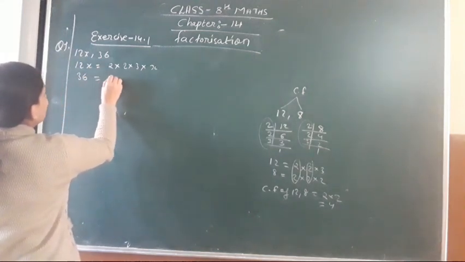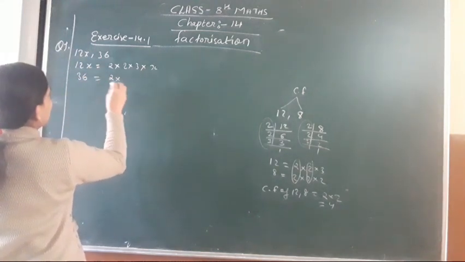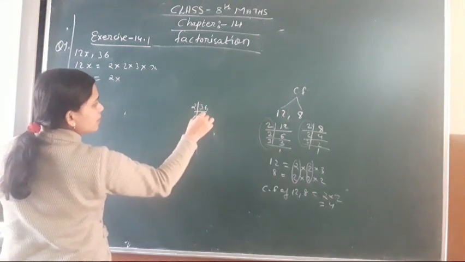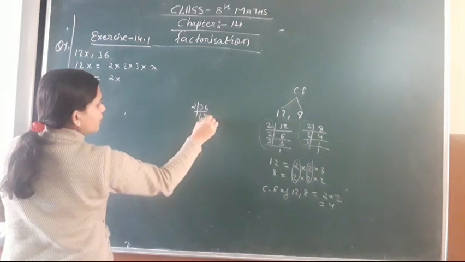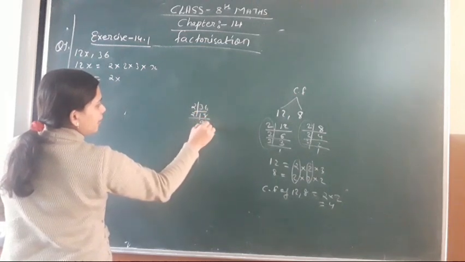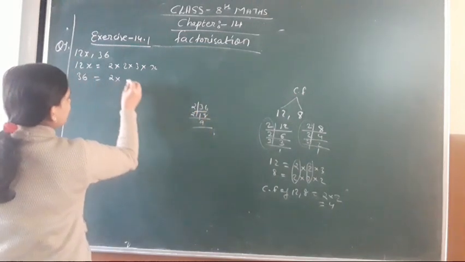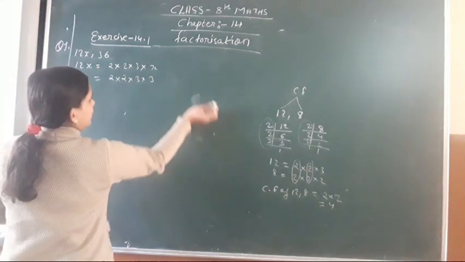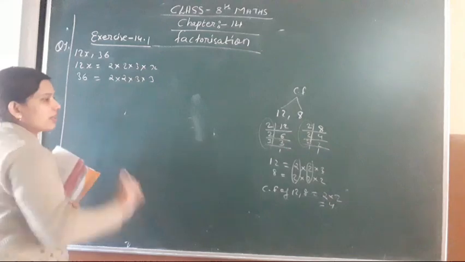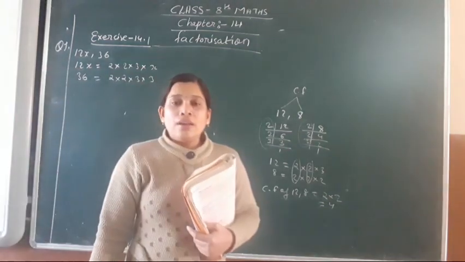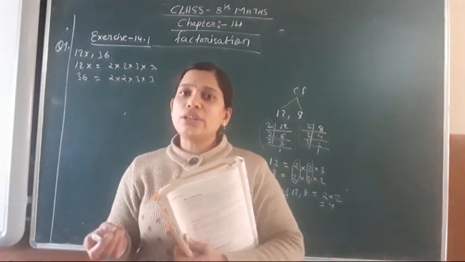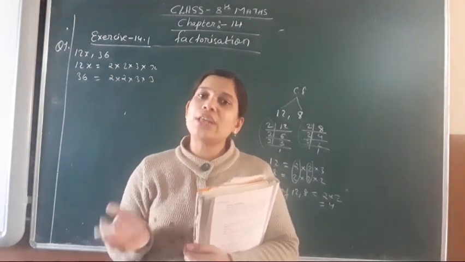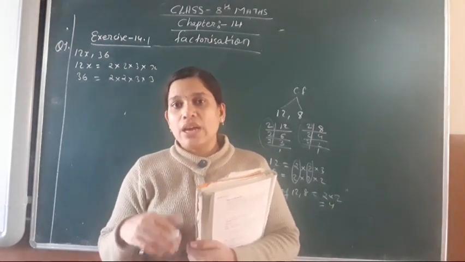For 36, we can write 2 times 18, 2 times 9, and 9 is 3 into 3. So the factors are 2 into 2 into 3 into 3, that will be 36. In 12x we have the variable, so that variable will also be written along with the factors.